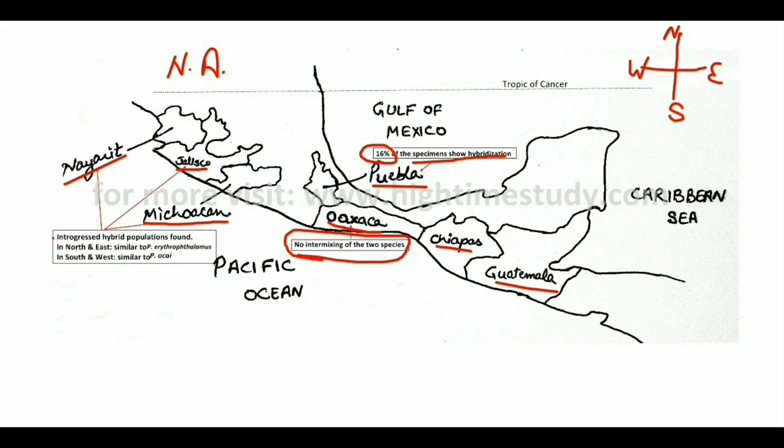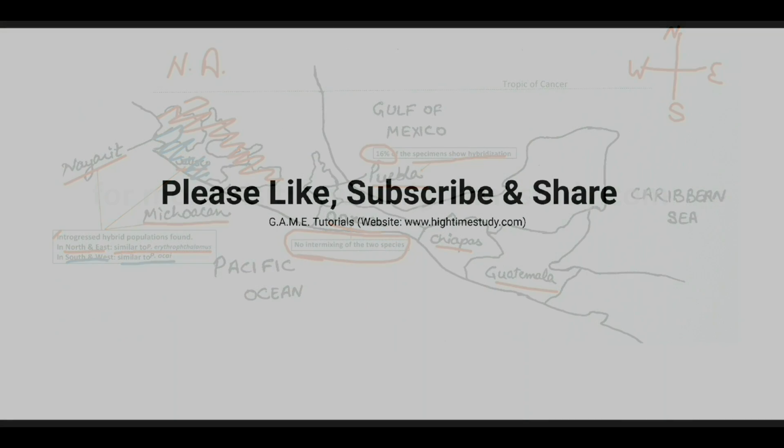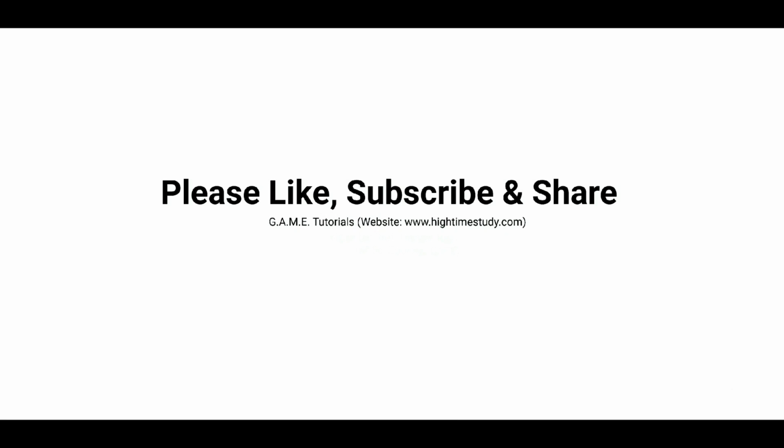In the same way, we have Nayarit, Jalisco, and Michoacan, where hybrid populations are found. And this also occurs in the northeast area, where they are more similar to erythrophthalmus, whereas in the southwest they are more similar to P. ocai. So this is how it depends on the distribution. So this is the first part. I hope you have understood. Thank you.